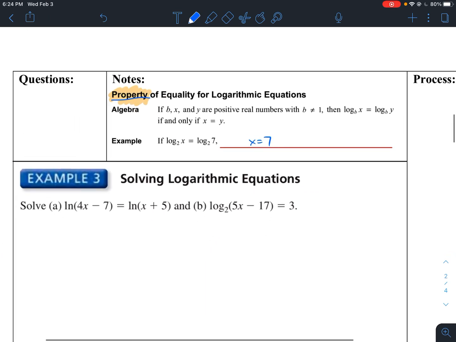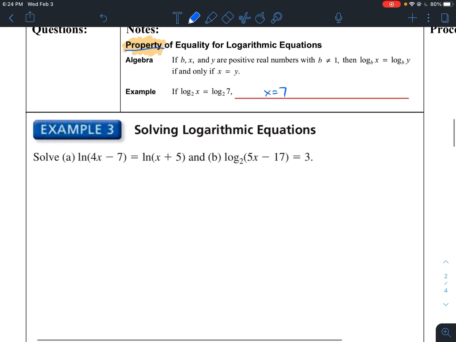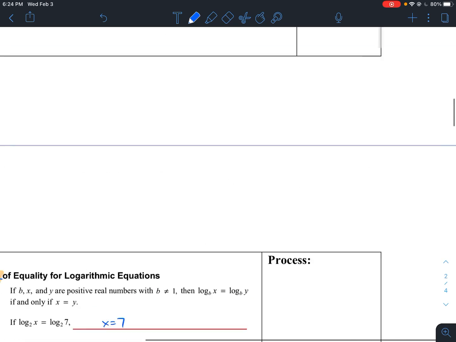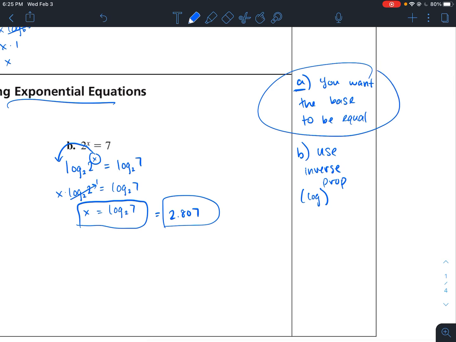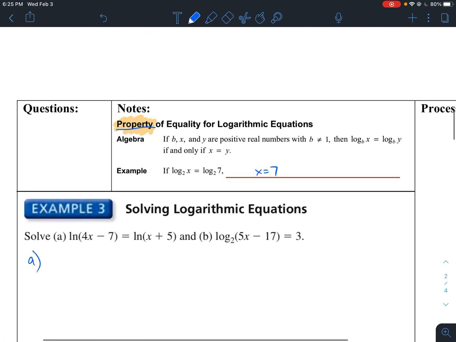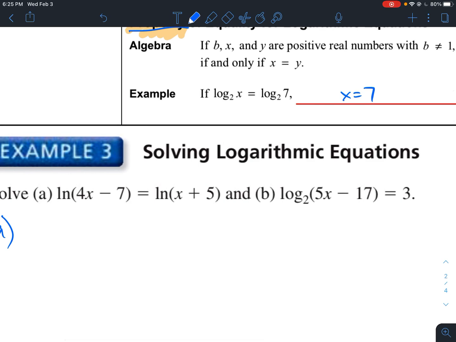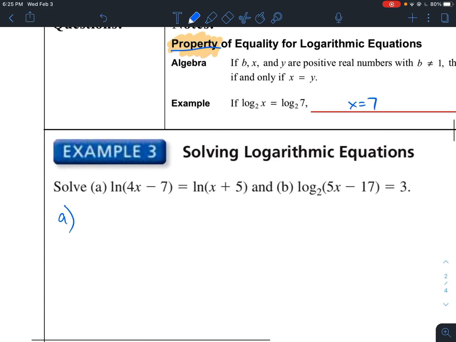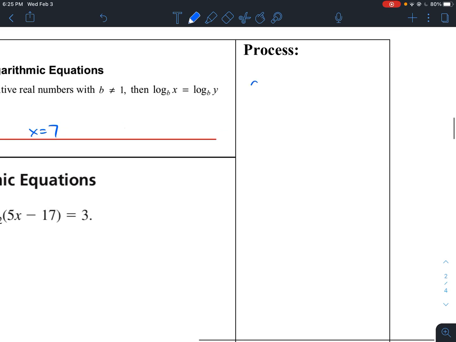So let's use that in this first example. For A, following the same kind of idea, you wanted the base to be equal for exponentials, and here the base of the logarithm also has to be equal.